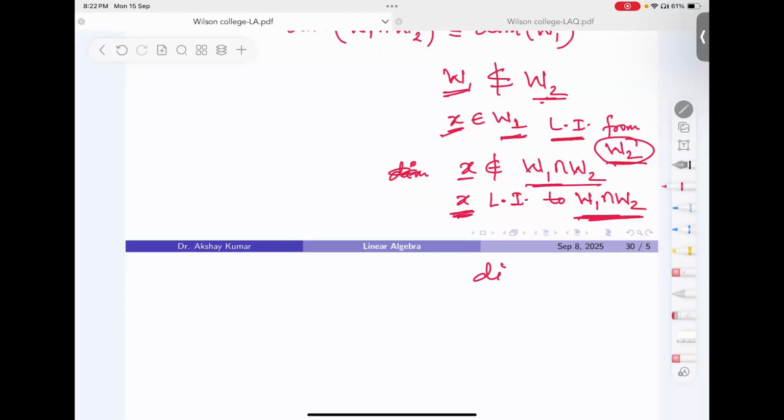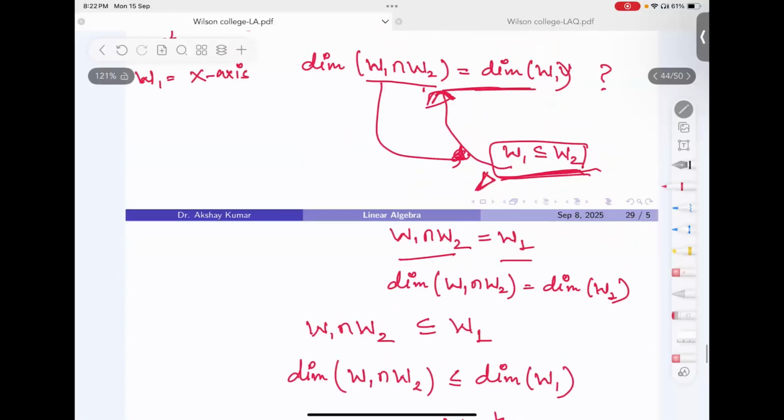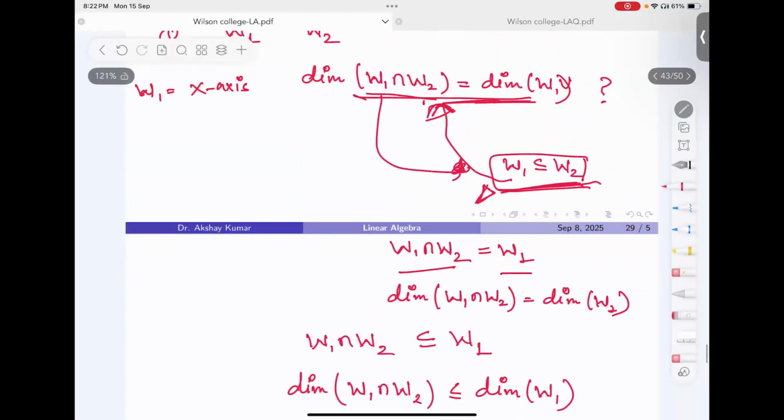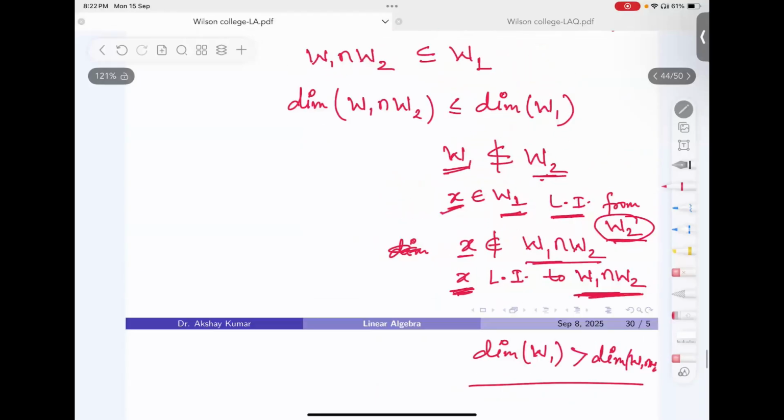So the dimension of W1 has to be greater than the dimension of W1 intersection W2, which is not our case. We are assuming the dimensions are equal. So the converse is also true, right? Yes, sir, got it.